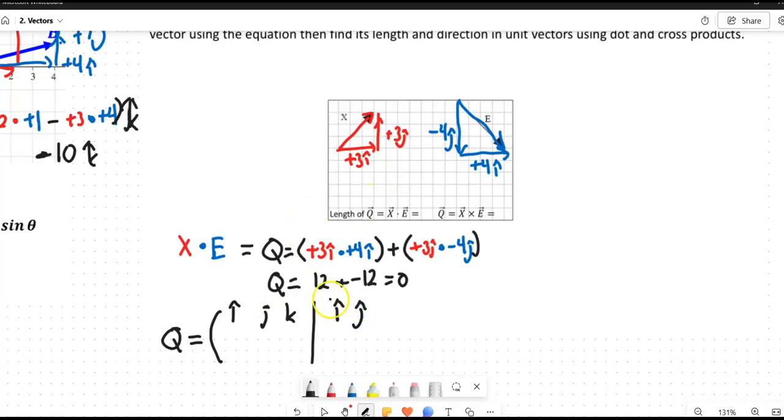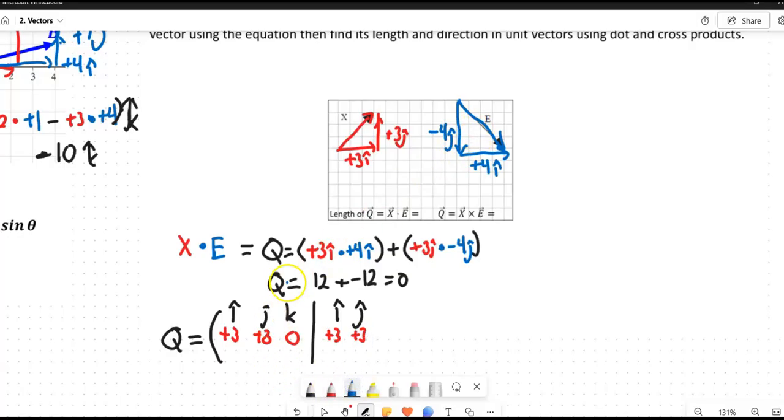Okay, so this guy here in the I direction is going to be positive 3, and then positive 3, and then we're going to have a 0, and then positive 3, and then positive 3. Right there. And I don't like the way this 3 looks. Positive 3.